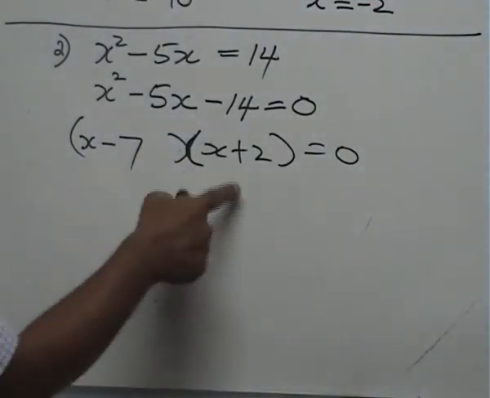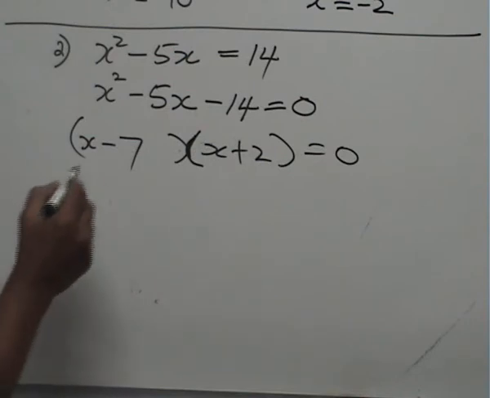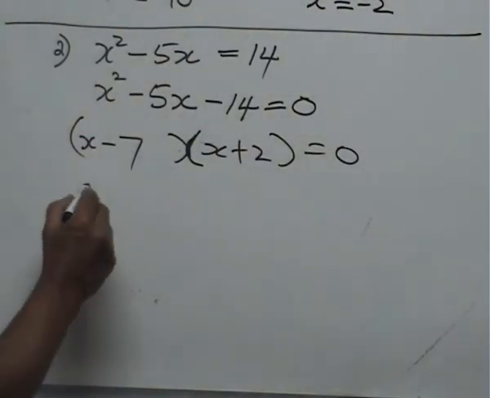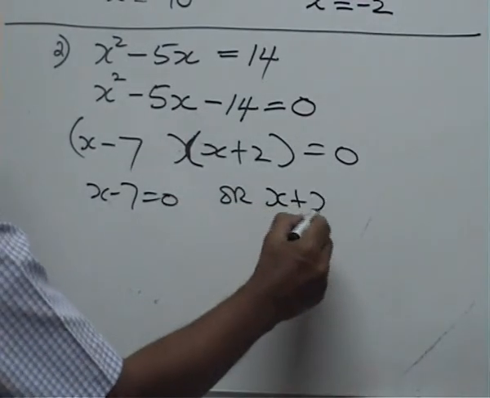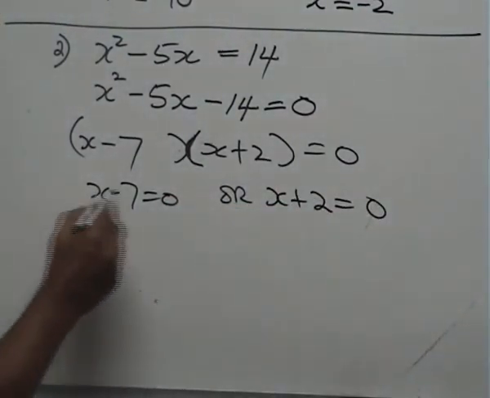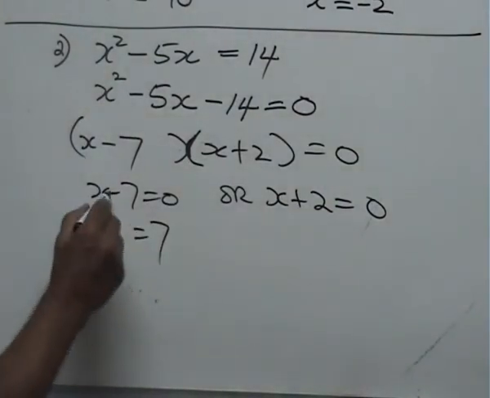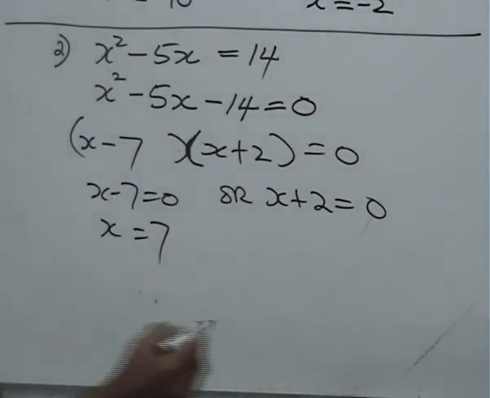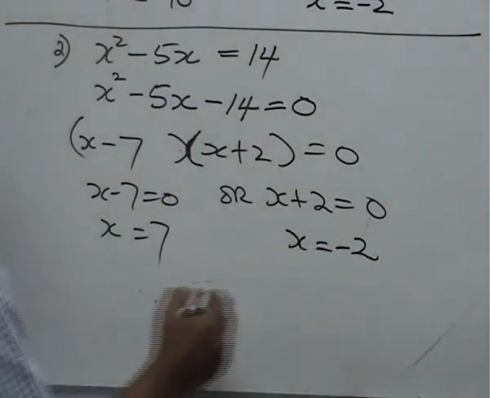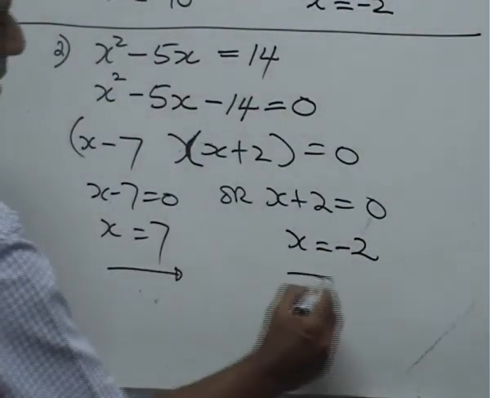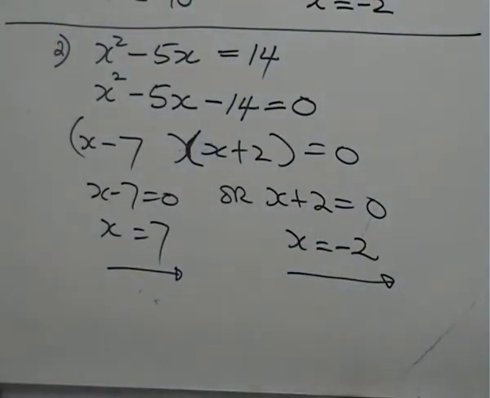And then of course, each bracket will be equal to 0. And x is equal to 7. Minus 7 goes across, becomes plus 7. Plus 2 goes across, becomes minus 2. So those are your two answers there for number 1 and number 2.